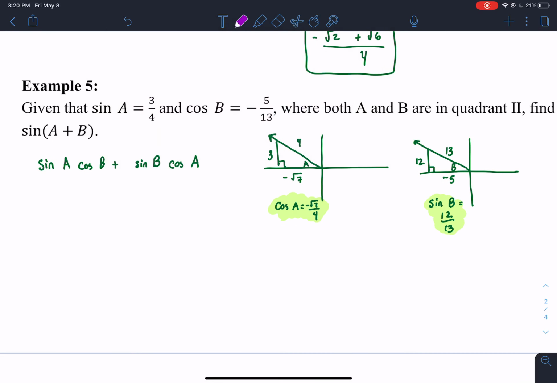All right, so sine of A is 3/4, and then cosine of B we know is negative 5 over 13, plus sine of B we know is 12/13. And then cosine of A we figured out was negative root 7/4.